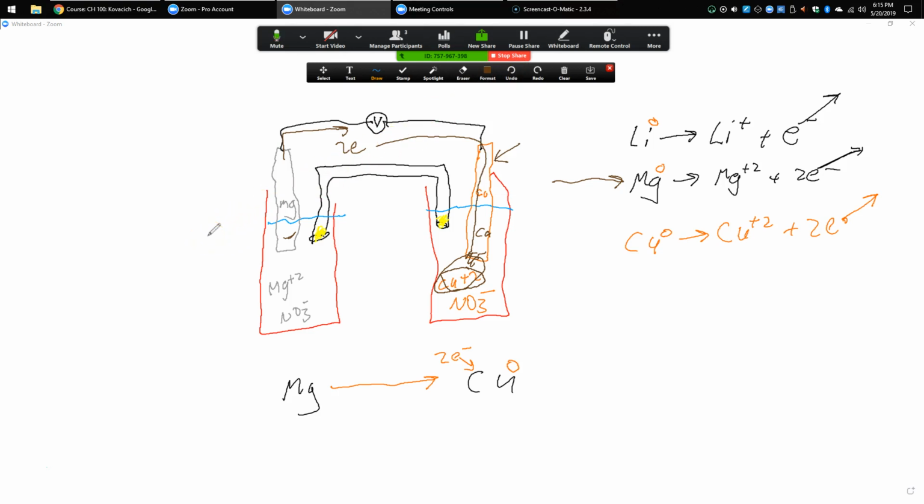It lost 2 negatives, so the whole container now would be +2 charge. Okay, does that make sense? It gave away 2 negatives and it became +2. So you can't have that. That's not allowable. All the charges have to be exactly the same at all times.